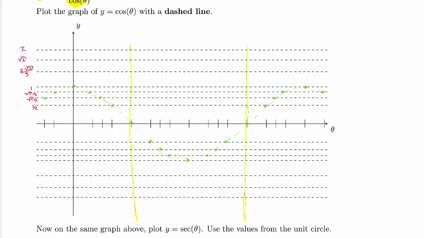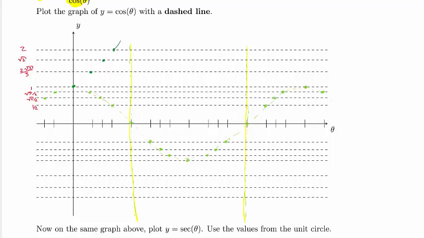And this is going to follow pretty much the same pattern as it did before. Right here, cosine is 1. 1 over 1 is 1. And then we work our way up, 1 over root 3 over 2 will be 2 root 3 over 3. And then 1 over root 2 over 2 is simply root 2. 1 over 1/2 is 2.